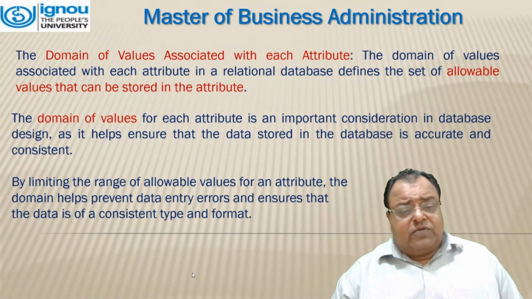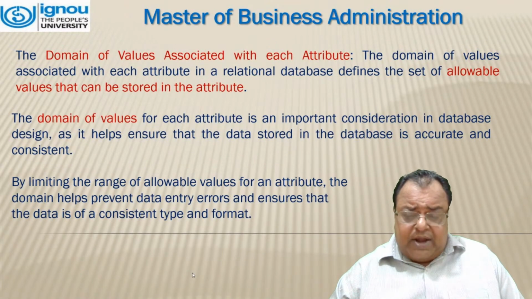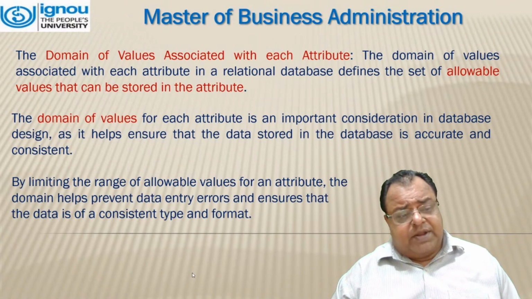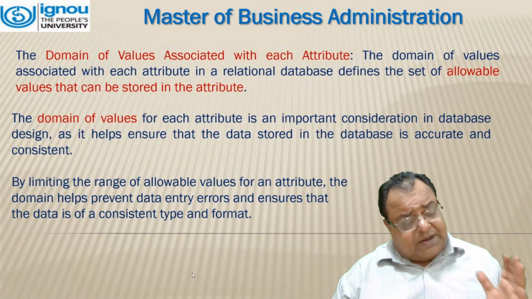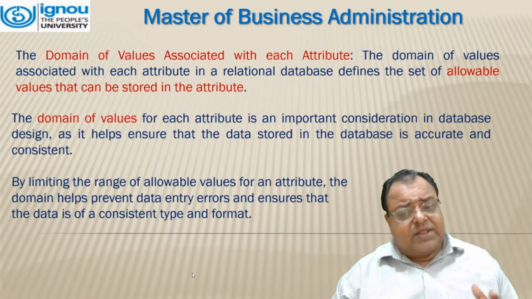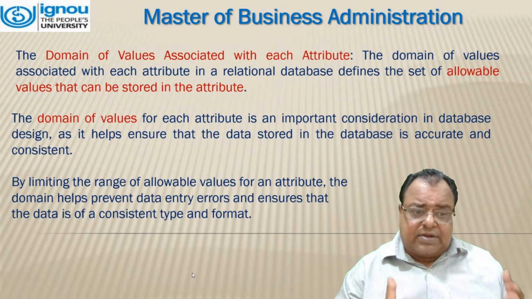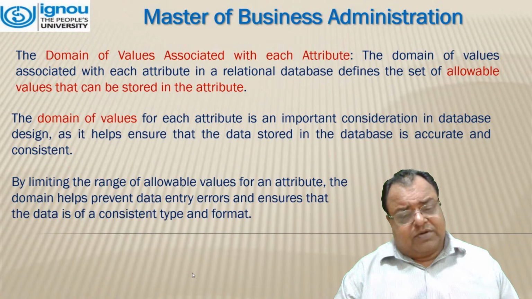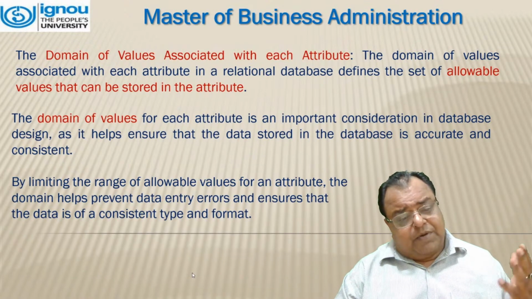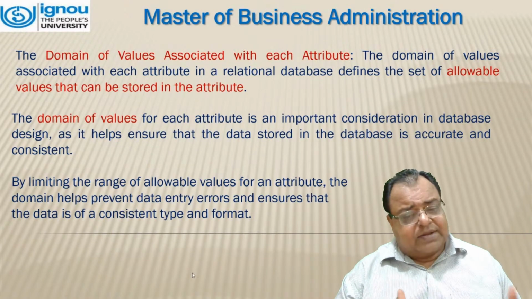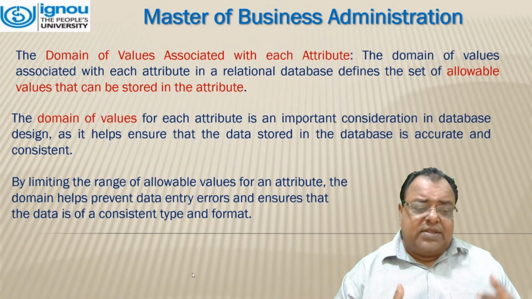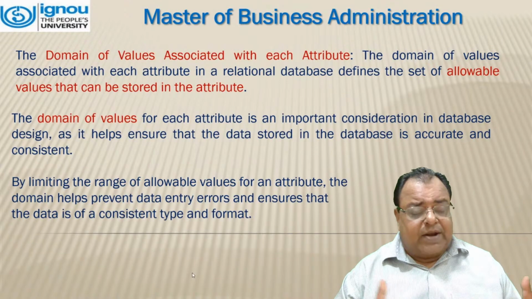The domain of values for each attribute is an important consideration in database design, which helps to ensure that the data stored in the database is accurate and consistent. By limiting the range of allowable values for an attribute, the domain helps prevent data errors and ensures that the data is of consistent type and format.